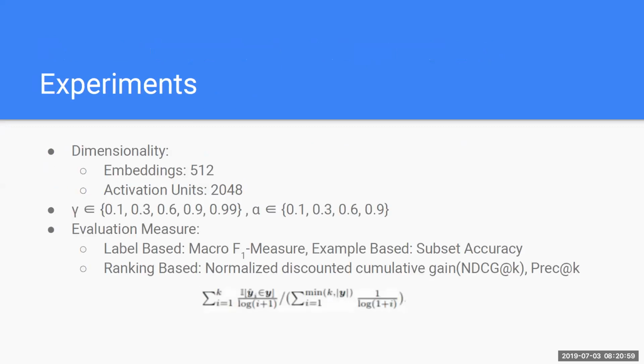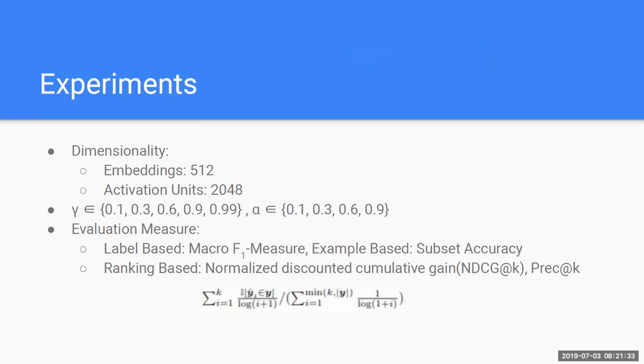So the experiment for the neural network: the embeddings had a dimension of 512 and each layer had 2048 activation units. For the hyperparameters, they tried a bunch of combinations. And the evaluation metrics I was talking about: one identifies how good your prediction is, which is label-based or example-based, where you use F measures or accuracy.